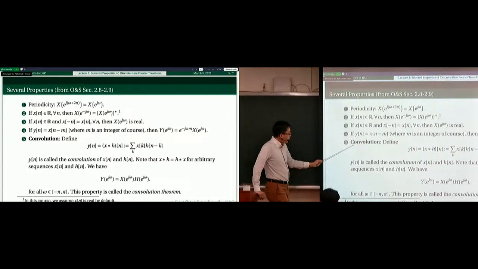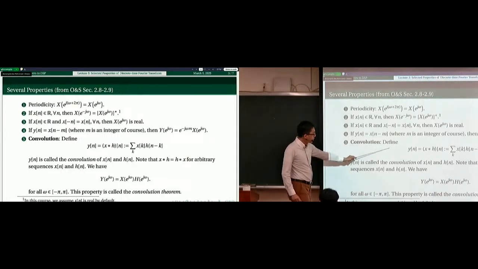Now the convolution theorem goes further. The issue here is what will happen in the frequency domain when we take the convolution of signals in time. What happens in the frequency domain is multiplication, even simpler.